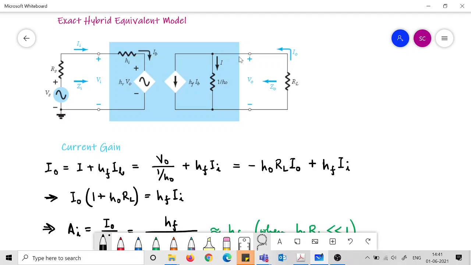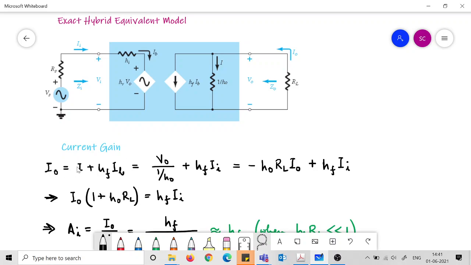Okay, and IO is I plus HFIB, and this I is nothing but VO divided by 1 by HO, or HO VO. But VO is nothing but minus IO RL.